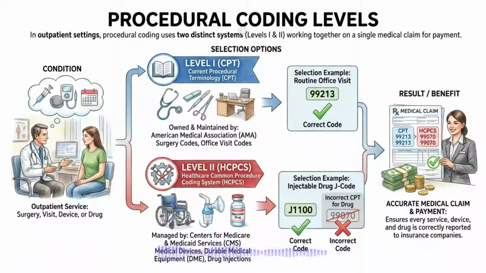In the outpatient setting, procedural coding is divided into two distinct levels that work together on the medical claim. Level 1 is the Current Procedural Terminology, commonly known as CPT, which is owned and maintained by the American Medical Association.